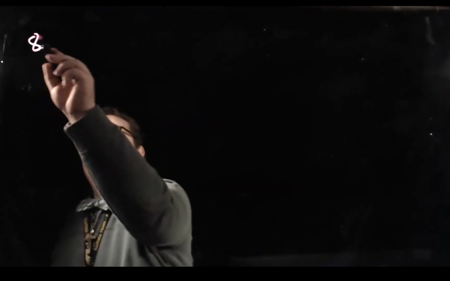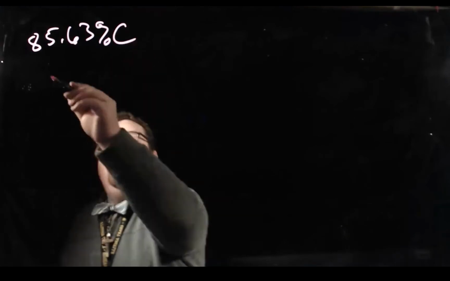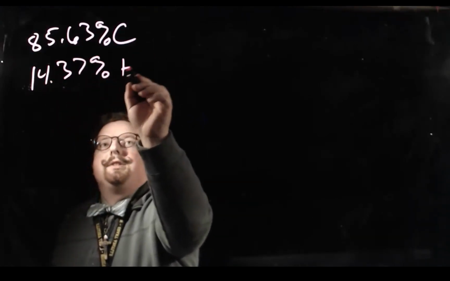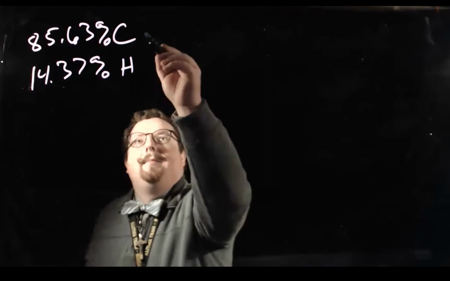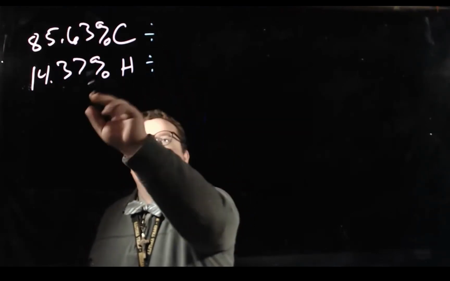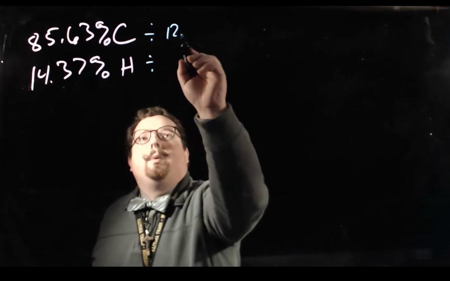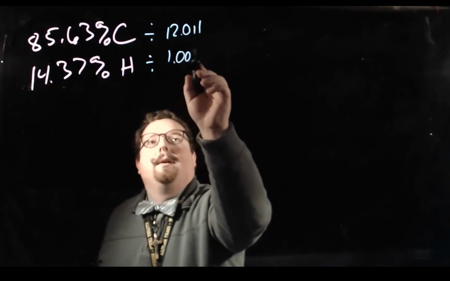All right, so our first example says that we have 85.63% of carbon and 14.37% of hydrogen. So find the empirical formula. So like we said, we assume these are grams, and we divide by the atomic masses of each of these elements. So if you look at the periodic table, carbon is 12.011 and hydrogen is 1.008.